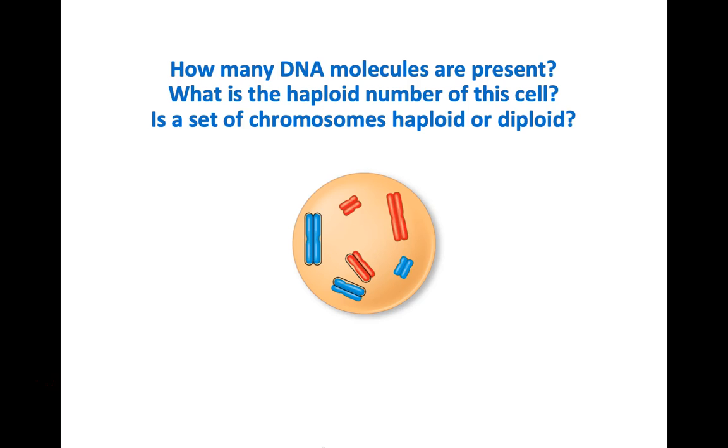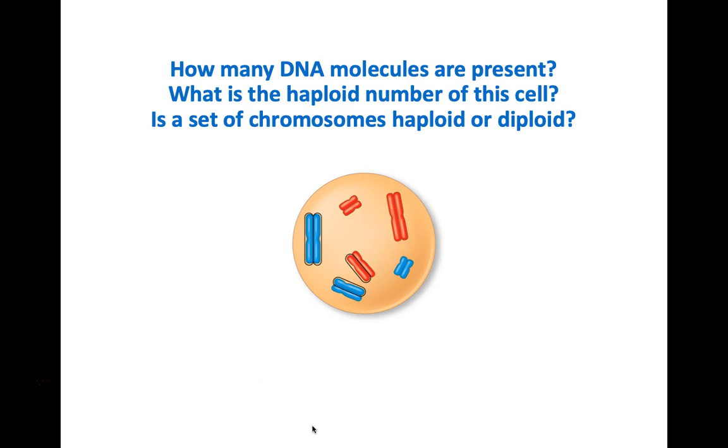The haploid number then would be n equals 3. The haploid number tells us that the number of types of chromosomes is 3. So there are 3 distinct types. We have large, medium, and small. Each of those blue ones would have, say, come from mom, and the red maybe came from dad.